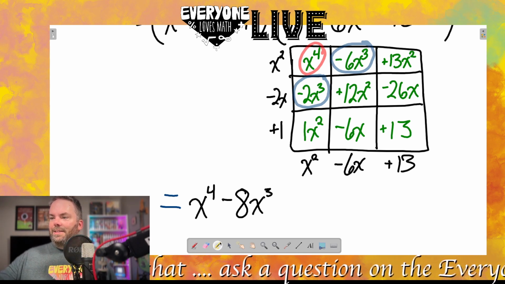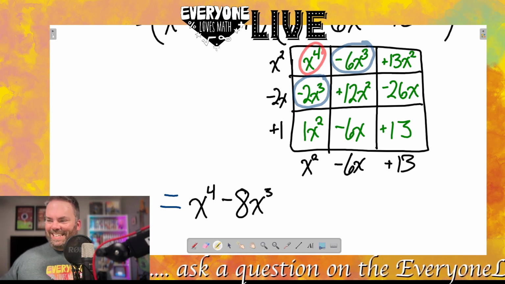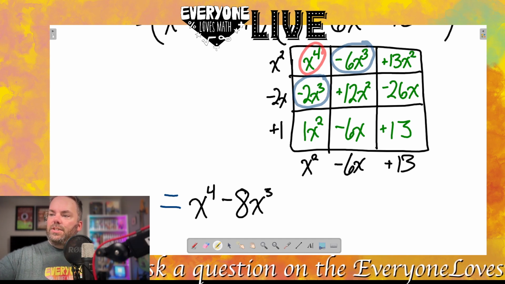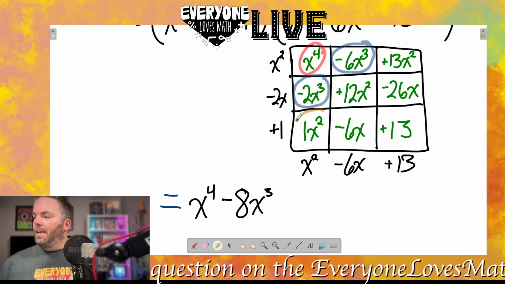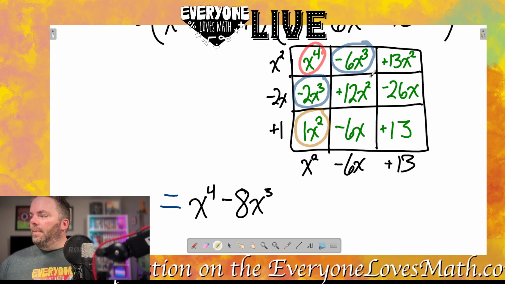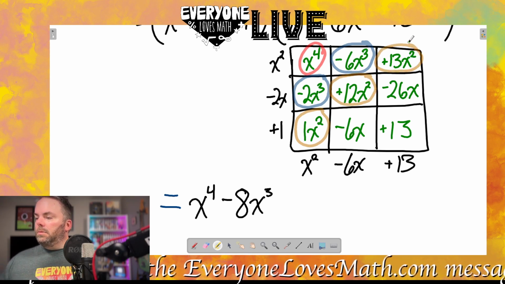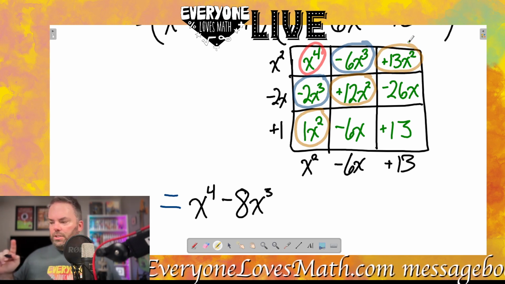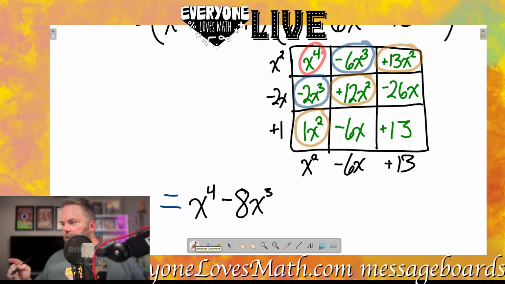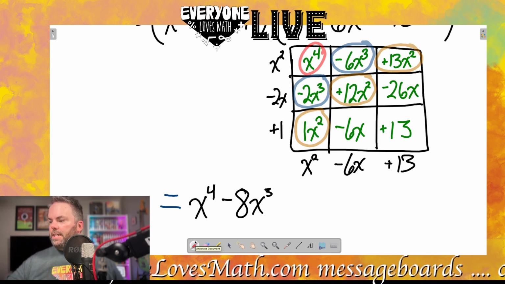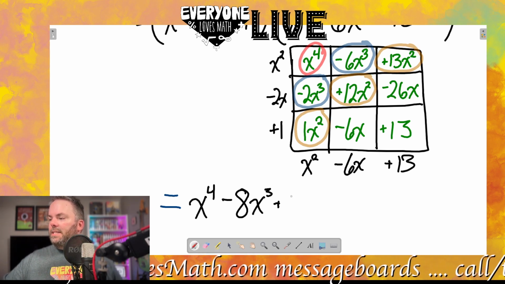All right, now time for x squareds. Y'all ready for x squareds? Here's one of them. And then there's 12 more. And then 13 more. So let's see. 1x squared plus 12x squared would be 13x squared, plus another 13x squared would be 26x squared.